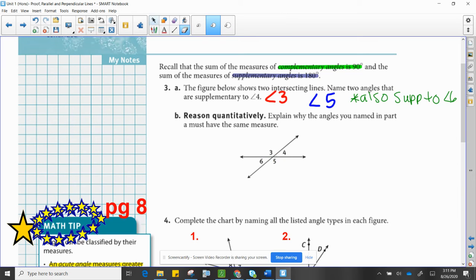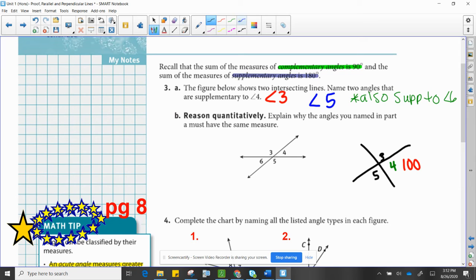So I'm going to erase all this so we can see our angles again. Okay, so let's think of it like this. I'm just going to draw two different lines here. And I'm just going to put some numbers in there just for the fun of it. So here's my angle 4. So if I said that angle 4 was, let's say, make it easy on ourselves, 100 degrees. So that means we have angle 3 and angle 5.